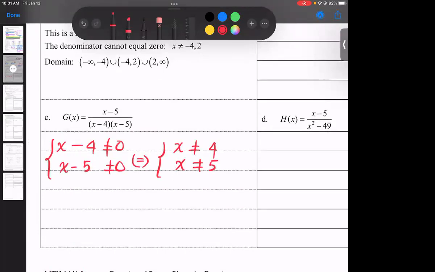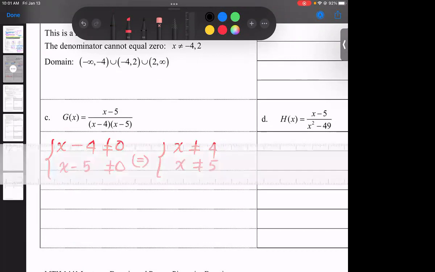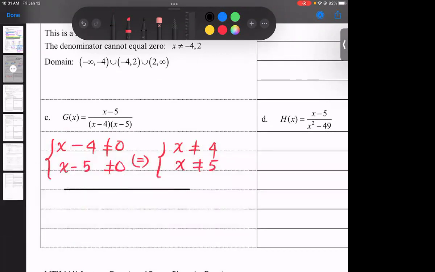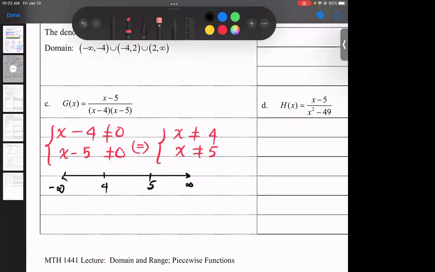Don't stop right there. You're going to write it in interval notation. And if you're not good at doing things in your head, I'm very visual, like most people. You can draw it out. I don't care about the tick marks. As long as you put the smaller on the left, larger on the right, you're okay. The 4 and the 5 won't be included, so just cross those out.